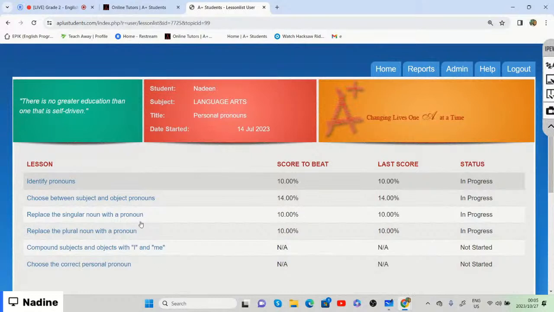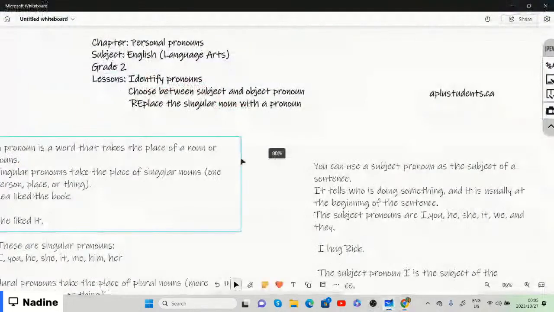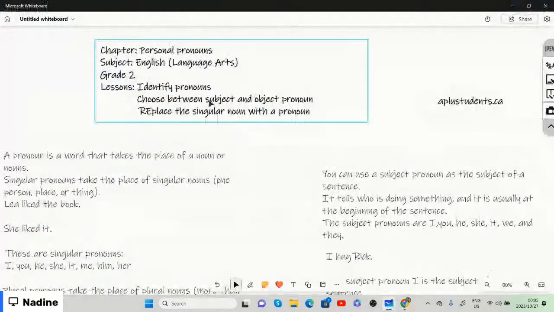So our chapter that we are focusing on is personal pronouns, and we will be doing it on aplusstudents.ca. Our subject is English, which is language arts, grade 2.